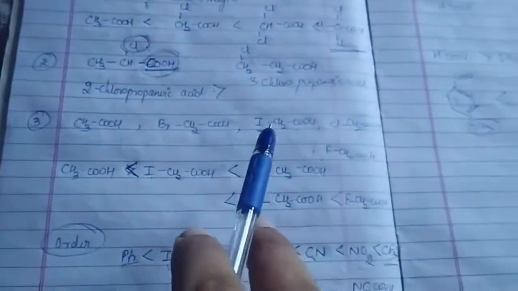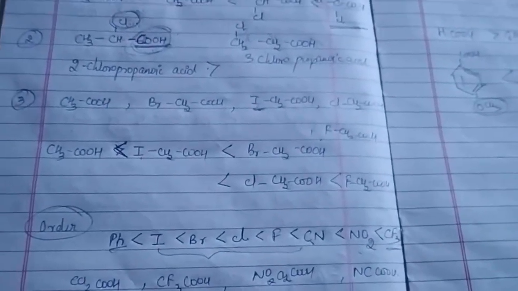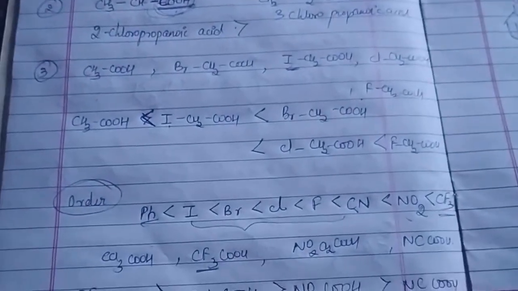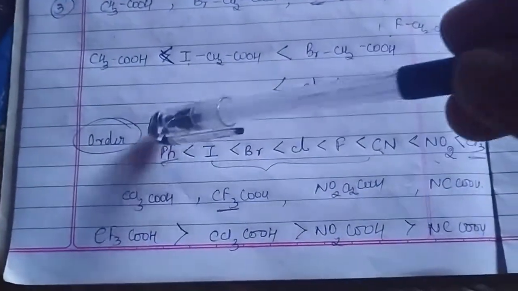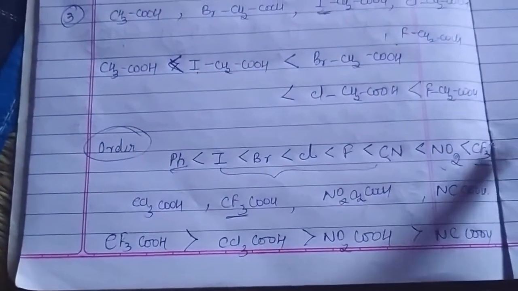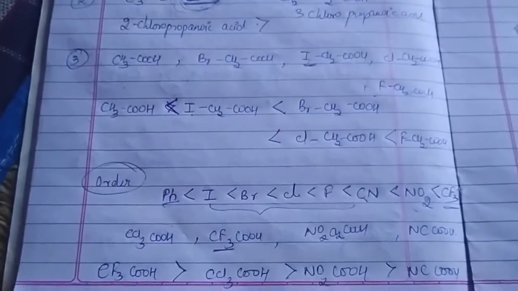With respect to the halogens, as the electronegativity of the halogens increases, your acidic strength increases. We also gave you an order where CF3, trifluorocarbon, acts as the highest electron withdrawing group.